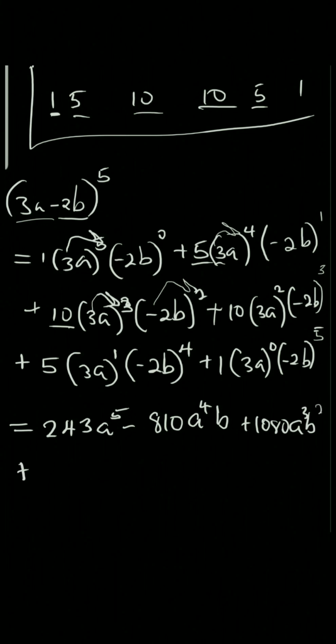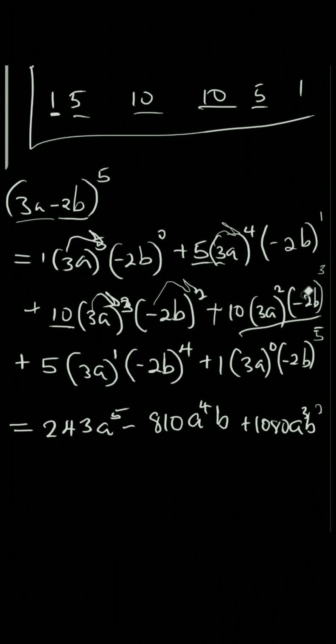Now coming to the next one. This one won't be a positive, it will just be a negative. The first term is always positive, and in a case where I have a negative, I have positive, negative, positive, negative, just like that, depending on where you're ending. So this will definitely be a negative. Now I have 3 to the power 2, which is 9. 9 times 10 will give us 90.